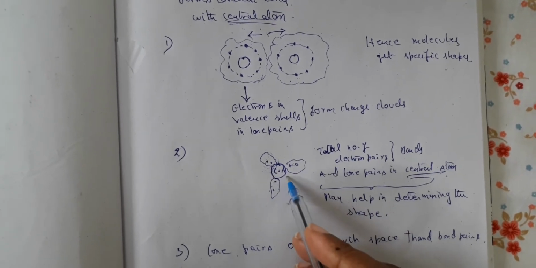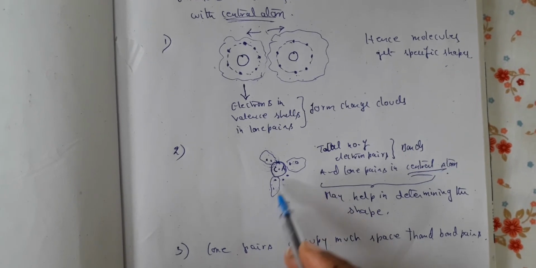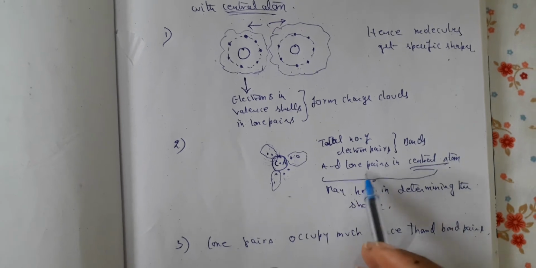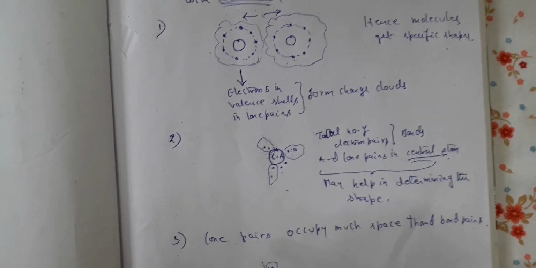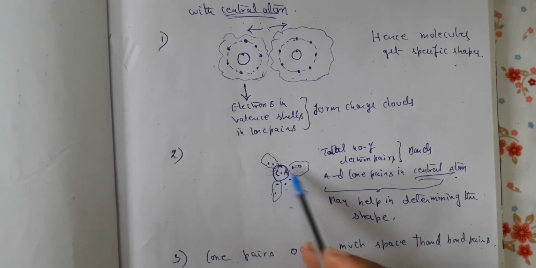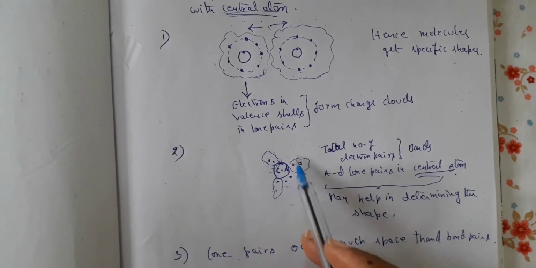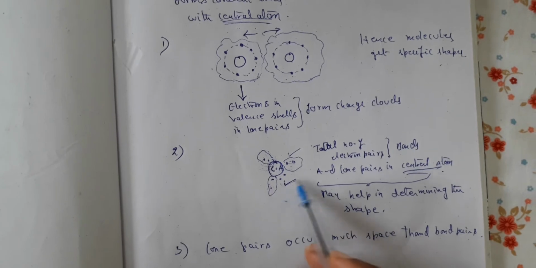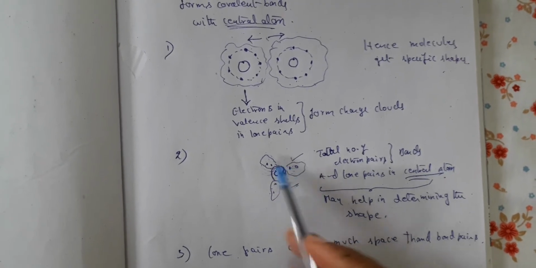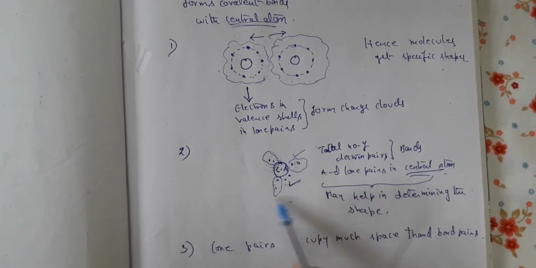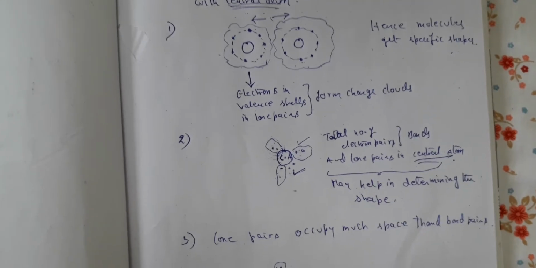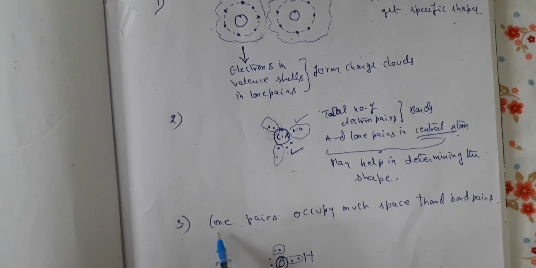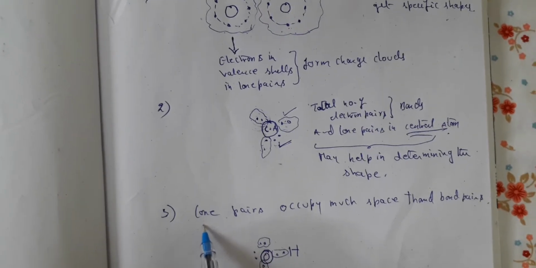And suppose the central atom also has lone pairs which are not participating in the bond. One set is a bond pair and the other set is a lone pair. So these lone pairs and bond pairs together decide how the angle of the bond will be. Right. So how is that so? The third point gives us a clear explanation.